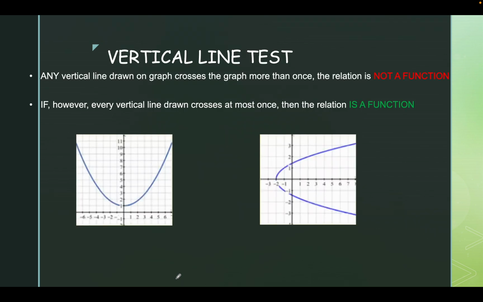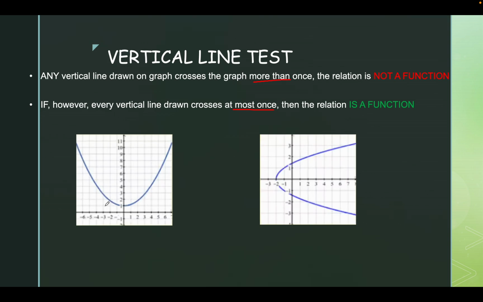Vertical line test. We can use what's called the vertical line test to see if a relation or a graph is a function. If any vertical line drawn on a graph crosses the graph more than once, the relation is not a function. If, however, every vertical line drawn crosses at most once, so only one time, then it is a function.